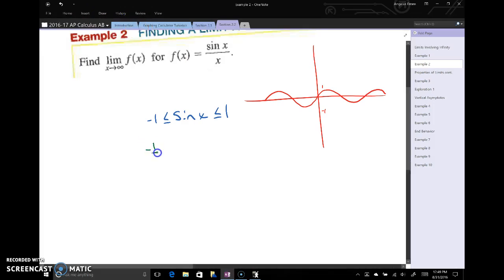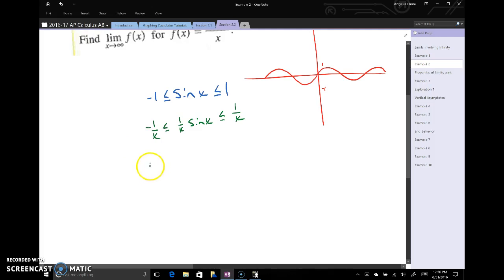So we would have -1 over x, 1 over x times sine of x, and 1 over x. This is usually how you prepare for the sandwich theorem. And really what we're saying is, because sine is basically just a number between -1 and 1, it's either going to leave the function alone, multiply by -1, multiply by 1, or scale it down to be something smaller that lies in between those two answers.